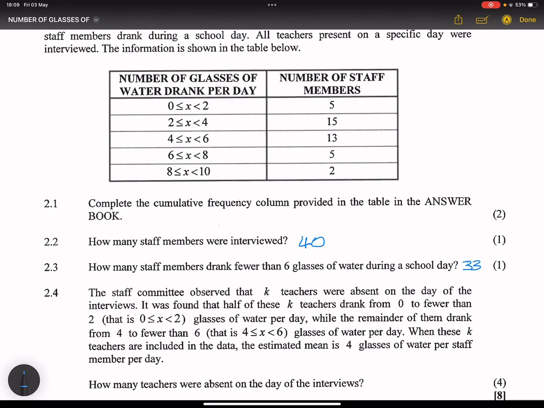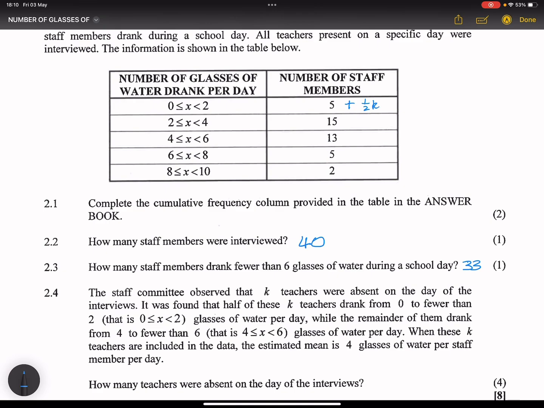And then finally, they say to us, the staff committee observed that K teachers were absent on the day of the interview. It was found that half of these K teachers drank from 0 to fewer than 2. So that's going to be half K there.